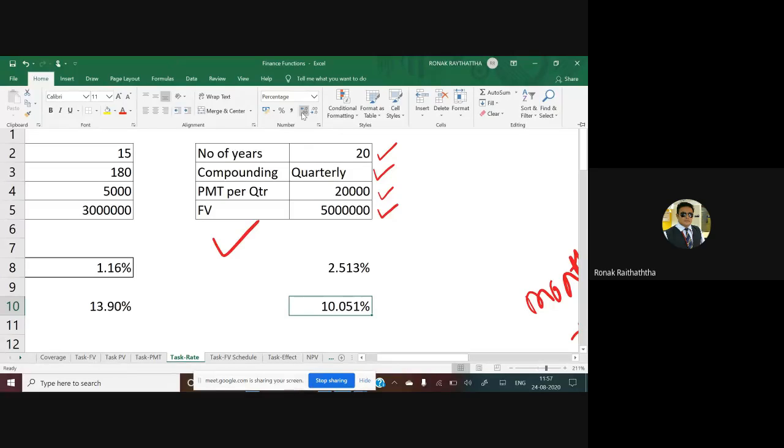Very simple. So here in this case, this fellow does not have too many expectations as far as the rate of return is concerned. His expectations are very modest. So this 10 or 11% rate is given by some of the fixed income mutual funds as well.